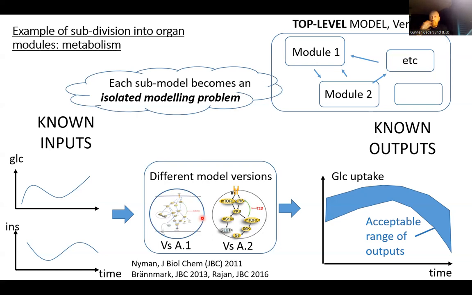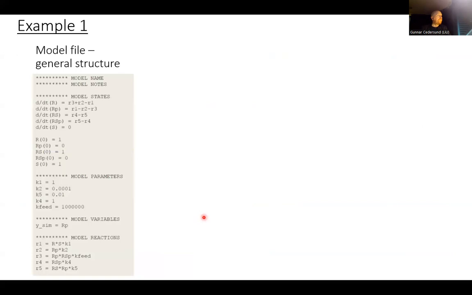And as long as they fulfill the same input-output profile, they would be fine. You can use them basically interchangeably. So it depends on what type of simulation you want to do. If you want to do a very fast simulation that doesn't care about all of the details in the complex model, then you take a simpler model and so on. So you can basically assemble a big multi-level model that comprises a collection of submodels in the different modules that correspond to the need that you have in the particular situation.